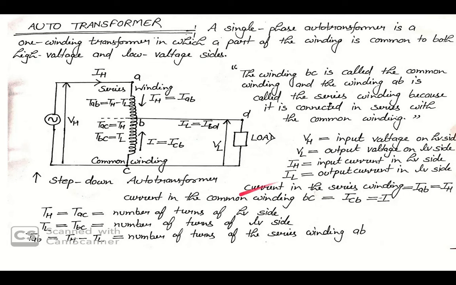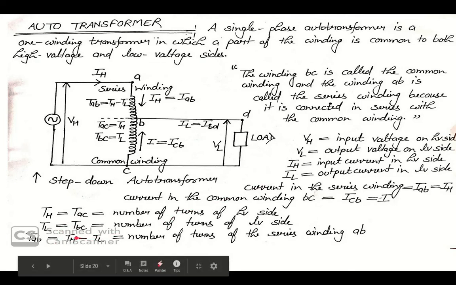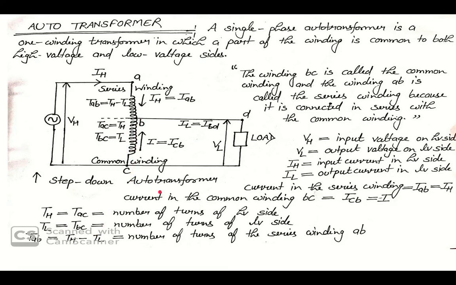TL is equal to TBC, the number of turns of the common winding BC, which is the number of turns of the low voltage side.